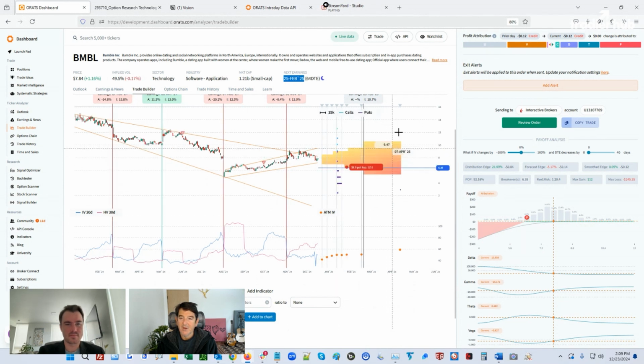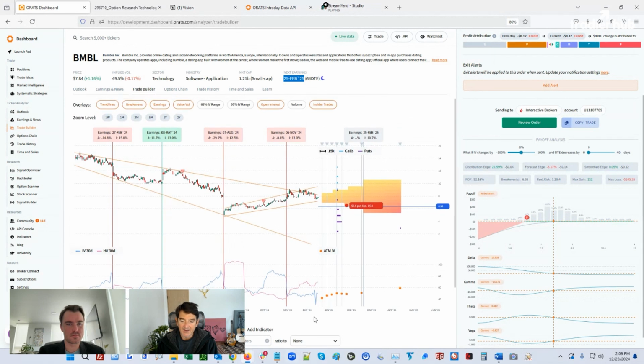Yeah. And another thing that comes to mind is the implied volatilities of these months here. What you see is this last implied volatility reading, where my cursor is.